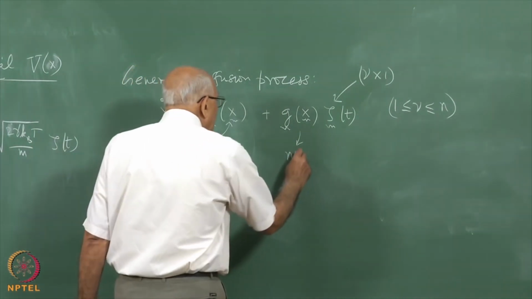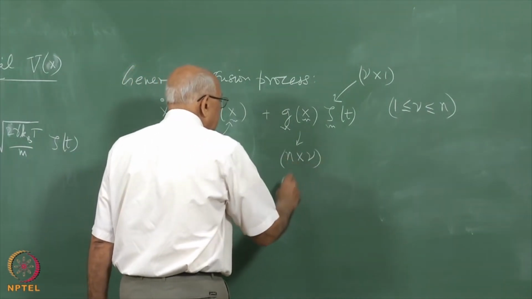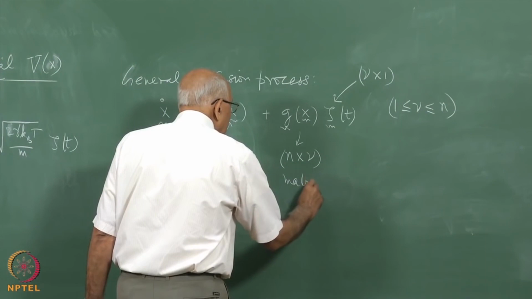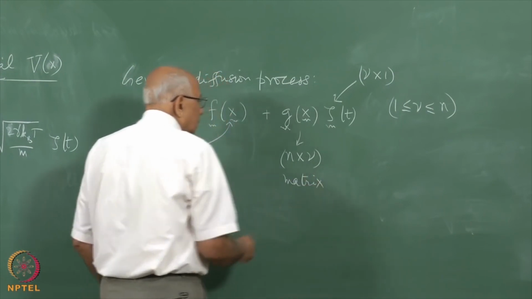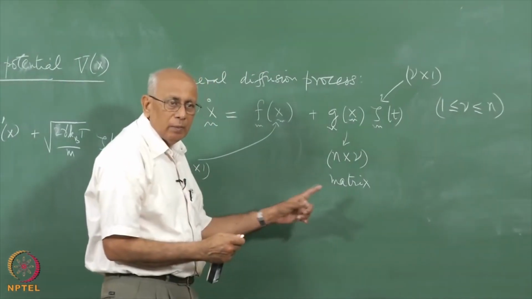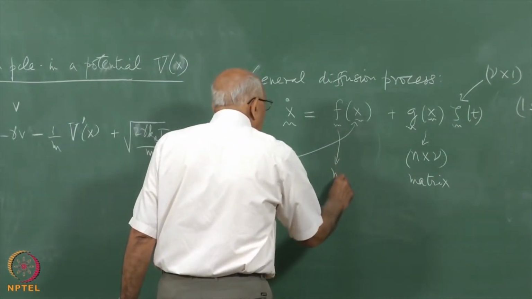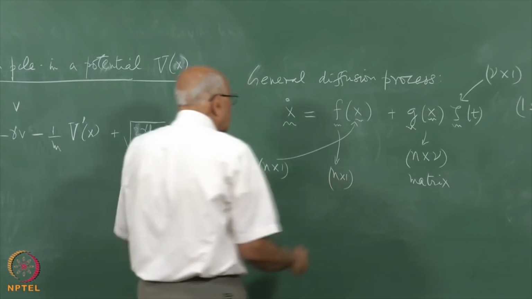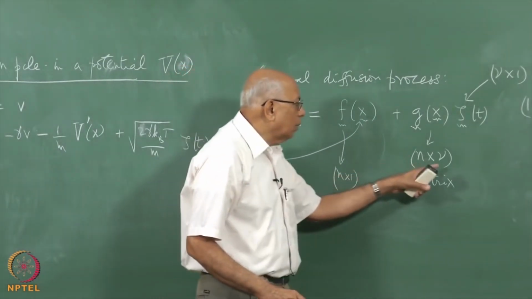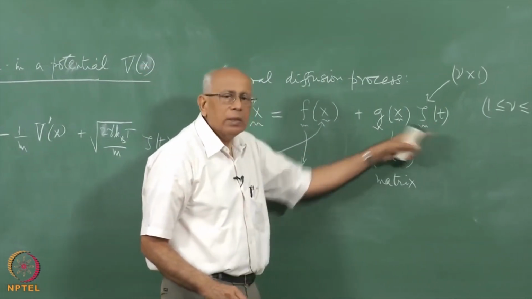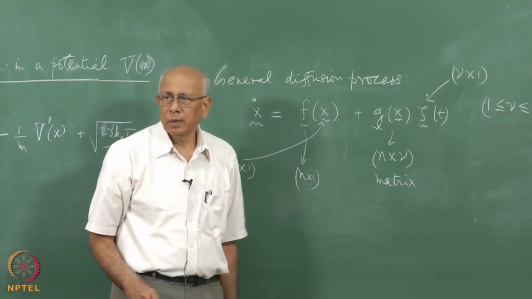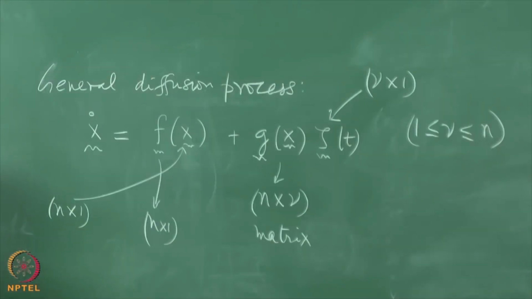It has got to be an n by nu matrix. This on the other hand is an n by 1, and therefore n by nu and then a nu by 1 gives you an n by 1. That is the most general diffusion process that we can write down.